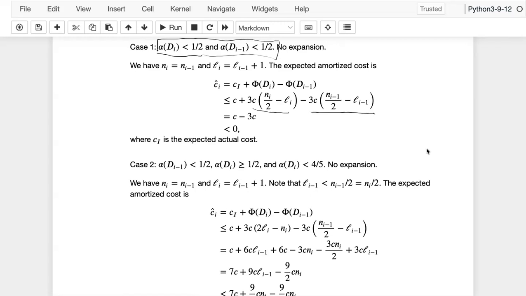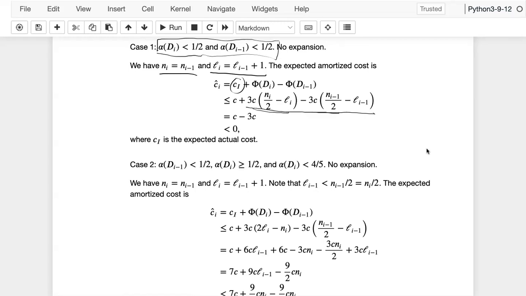So we take the difference, and c sub i is the actual cost. Because there's no expansion, n sub i is equal to n sub i minus 1, and l sub i is equal to l sub i minus 1 plus 1.